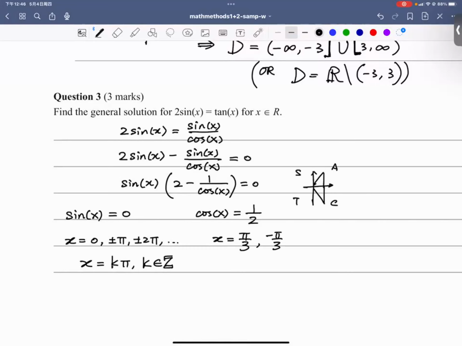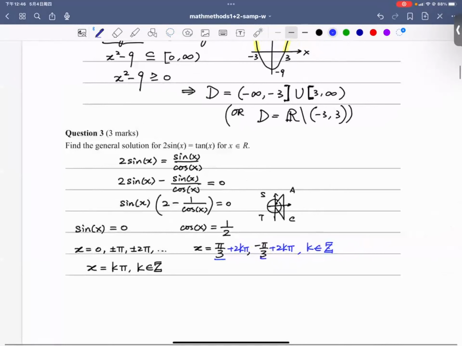But remember, each time you rotate by 2 pi, it returns to the same position. That's why you need to add 2k pi to each base angle, okay? And don't forget, you should mention k is also an integer, all right?